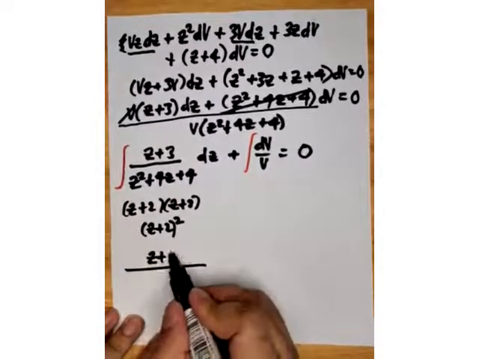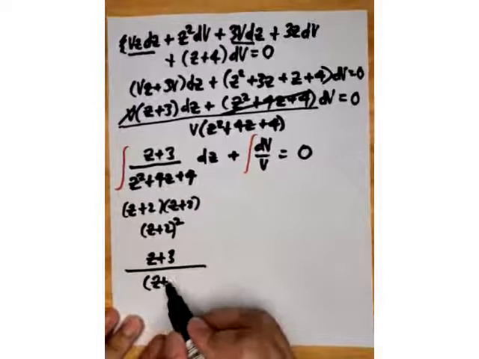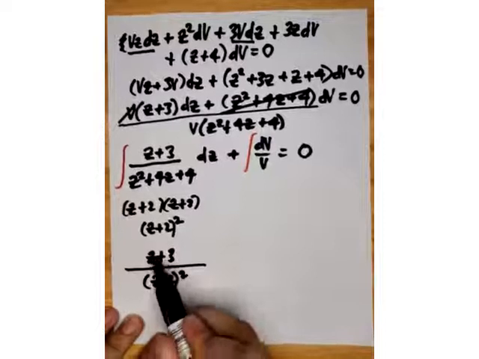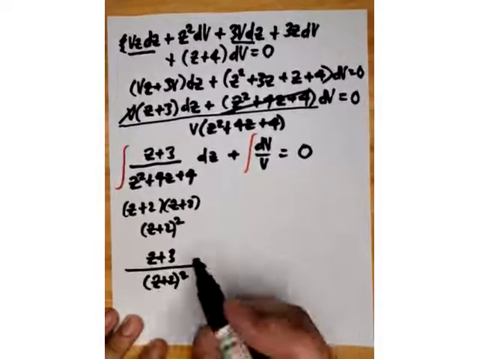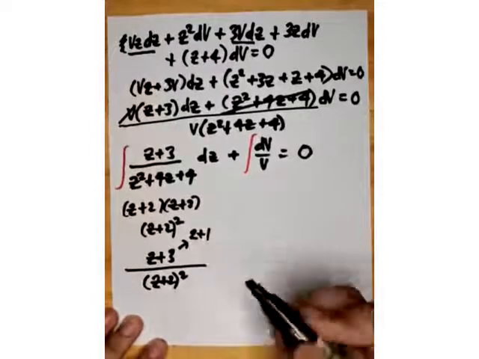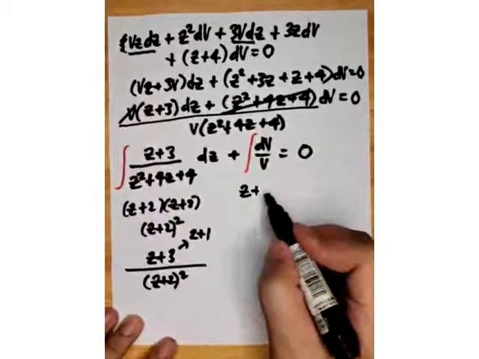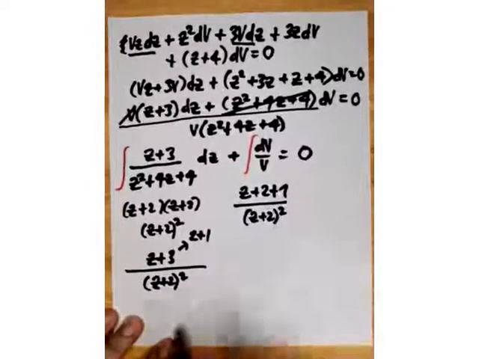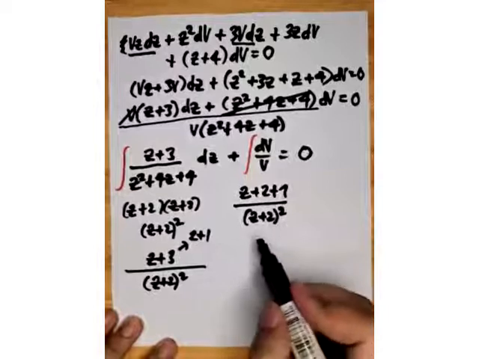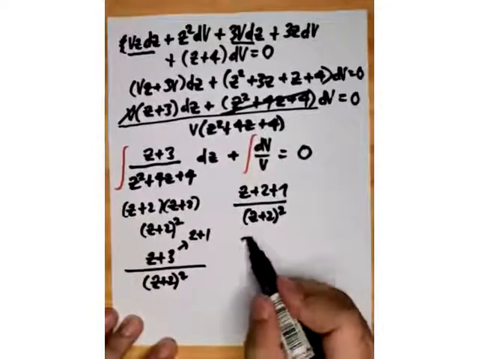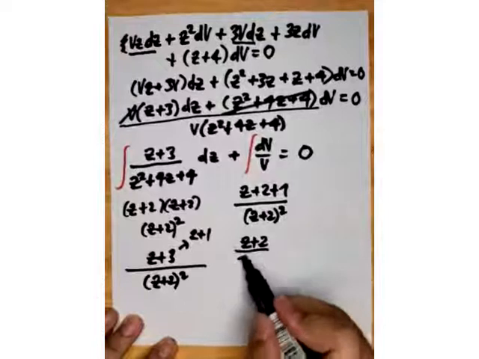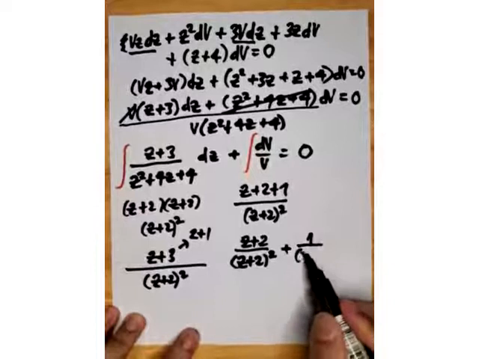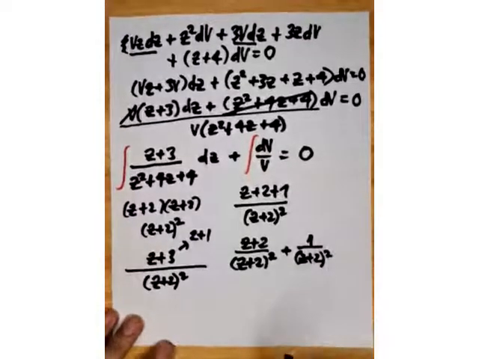So kung z plus 3 yan, so this is z plus 2 squared. Okay, so kailangan ko ng z plus 2 dito. Yeah. So kung kailangan ko ng z plus 2 sa taas, so yung 3 gagawin ko siyang 2 plus 1. So magiging z plus 2 plus 1 over z plus 2 squared. And then, i-distribute ko yung denominator, pero pagsasamahin ko yung z plus 2. So z plus 2 over z plus 2 squared plus 1 over z plus 2 squared.